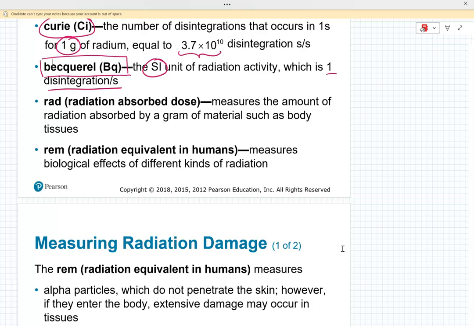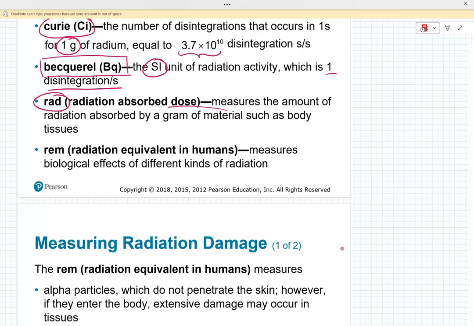Me. Why? Because I'm sitting closer. So in order to compare the biological effects, here's the term RAD, radiation absorbed dose. For you, the number of rads that you will receive from the source will be less than for me because I am closer. Does that make sense to you? Okay.